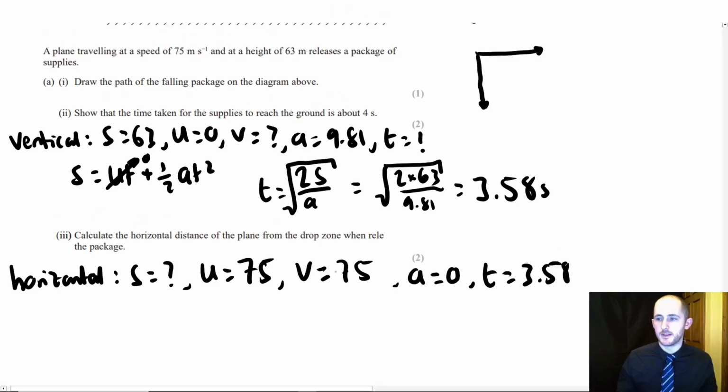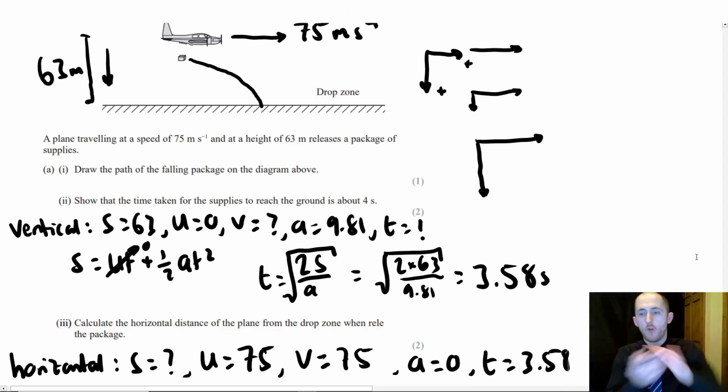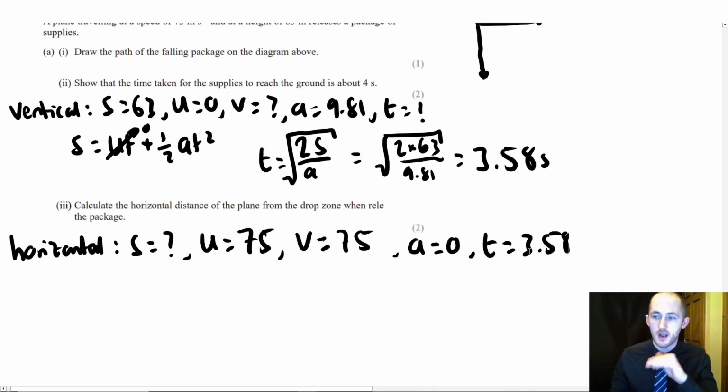Think about it, right? We are ignoring a lot of stuff when we do SUVAT, right? So when it hits the ground, obviously it's going to stop. But our equations don't take that into consideration. So we have to use our brains and our logic. So what I'm saying is the second this box hits the ground, 3.58 seconds after it's dropped, it's going to stop. So my time is going to be the exact same.